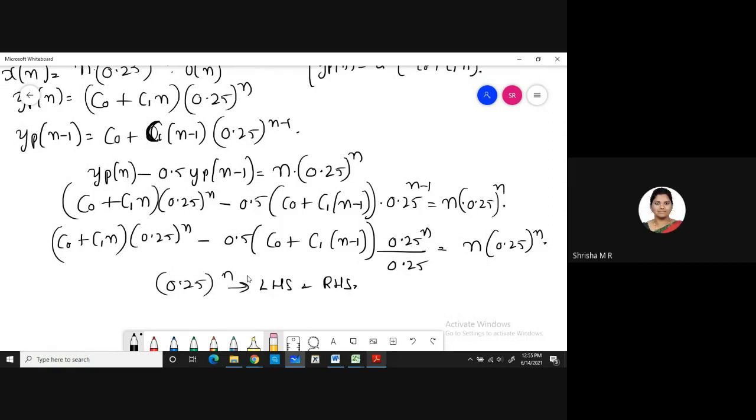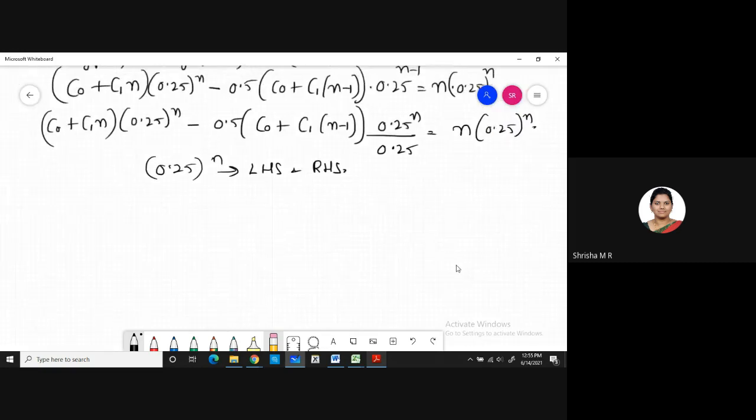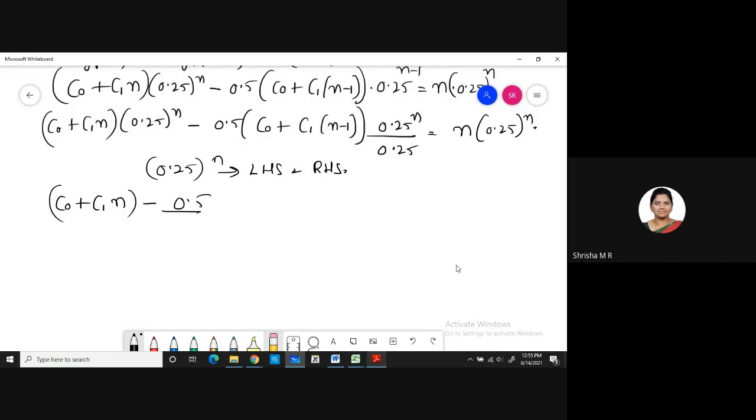So after you cancel out 0.25, what do you get? You have C naught plus C1 into n minus 0.5 by 0.25 into C naught plus C1 into n minus 1, which is equal to n.